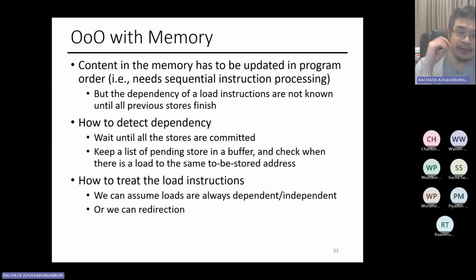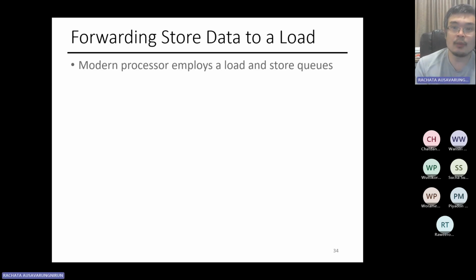So when you have a load instruction, one thing we might want to assume is that the load is either dependent or independent, or we can just have some redirection somehow, and then we recorrect the course of action if we guess incorrectly. One thing you can do is that modern processors employ a unit called the load store queue.